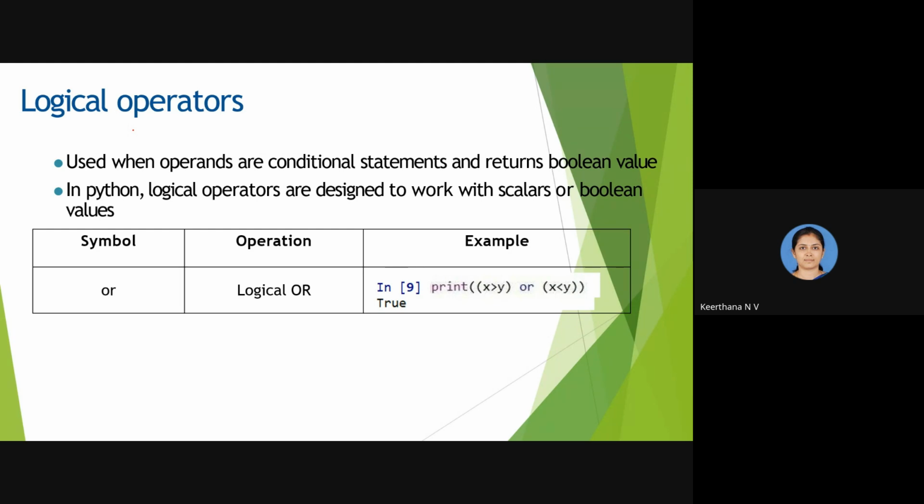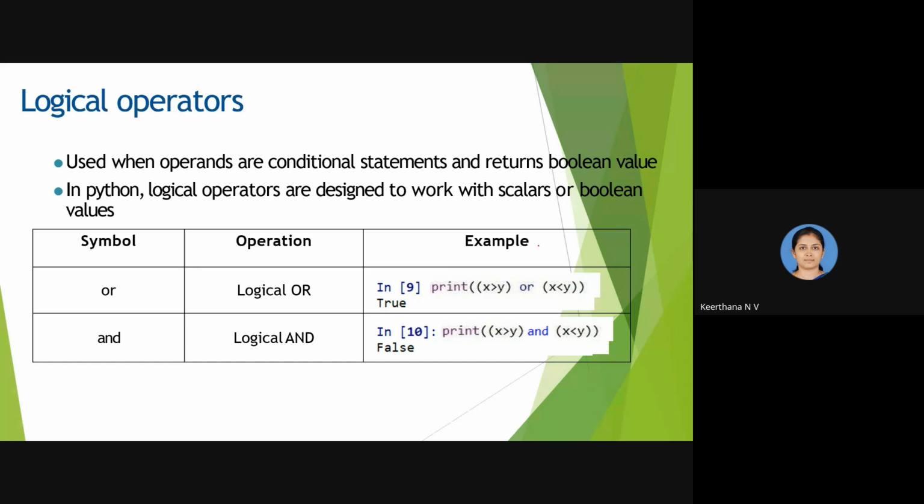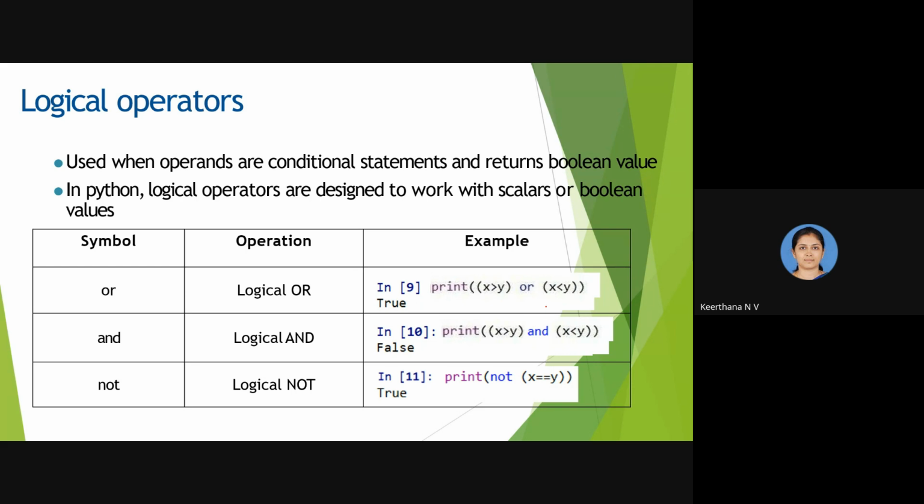Here in logical operators in Python, you are not going to use symbols. Instead, you are going to use the keywords present. So this is the logical or. You will check this condition with or in the middle. And operator, same thing as or. And the not operator, you will be checking like this.